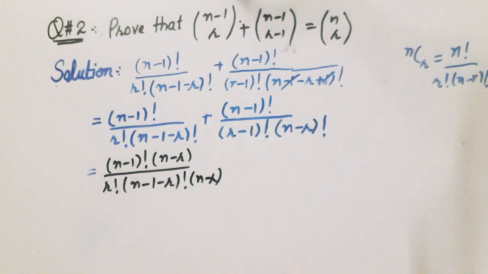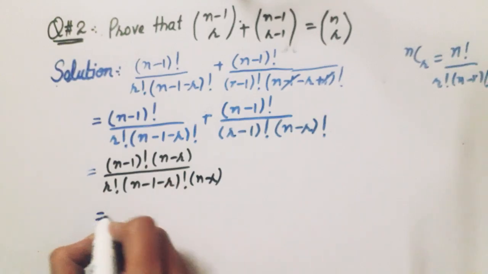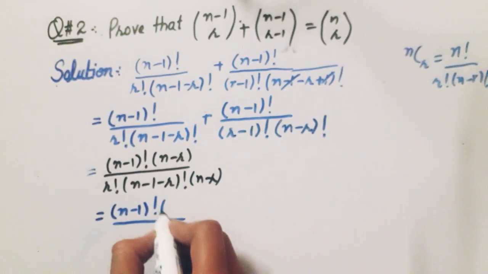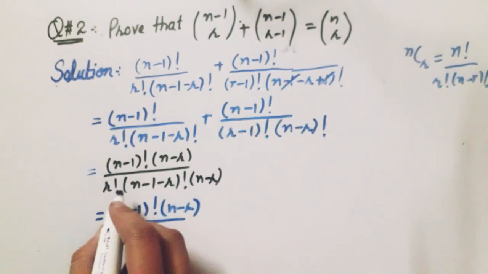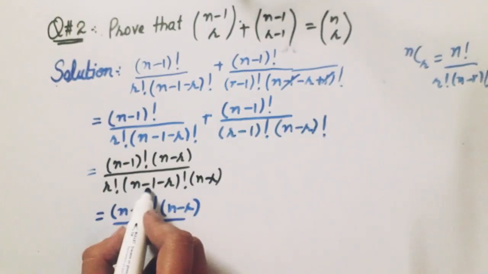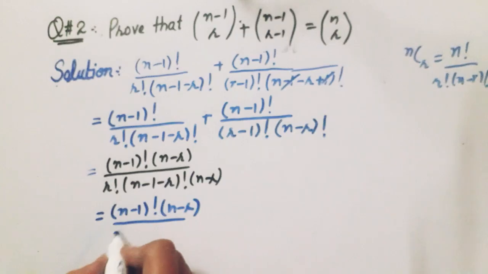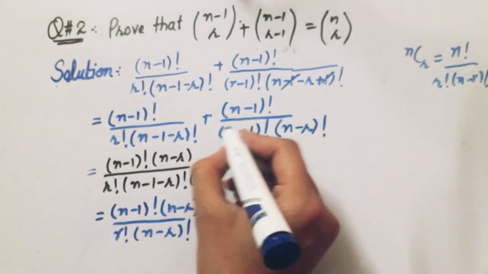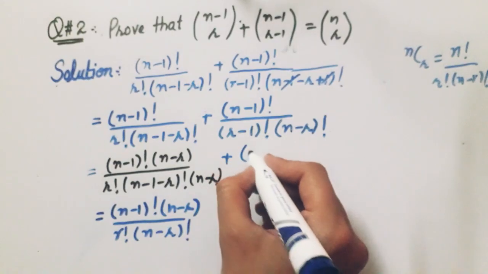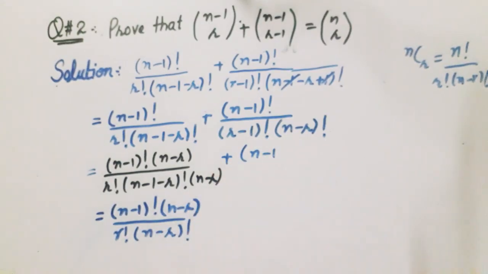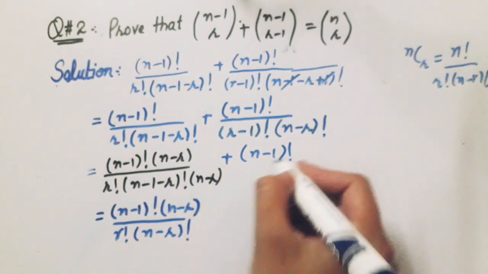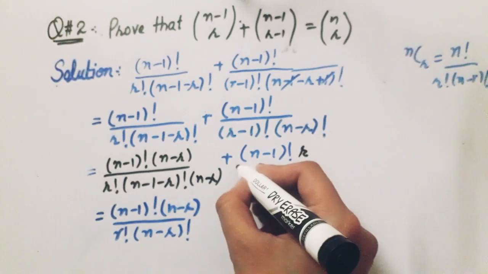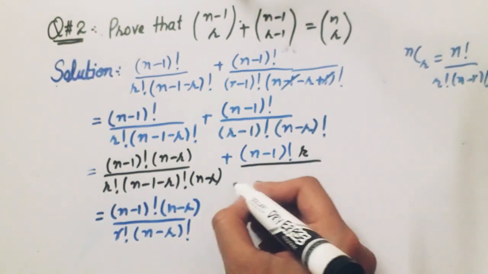So this term will be equal to n minus 1 factorial into n minus r, and n minus r and n minus 1 minus r will become r factorial into n minus r factorial. And here you will make n minus 1 factorial and multiply this by r and r.